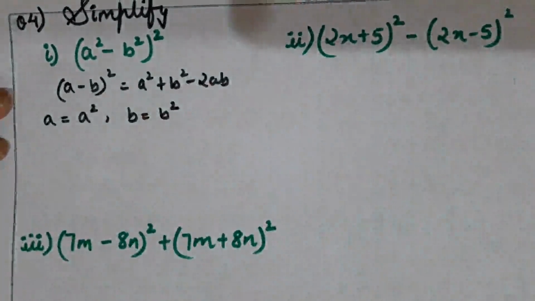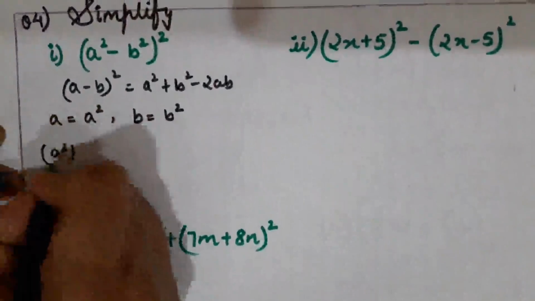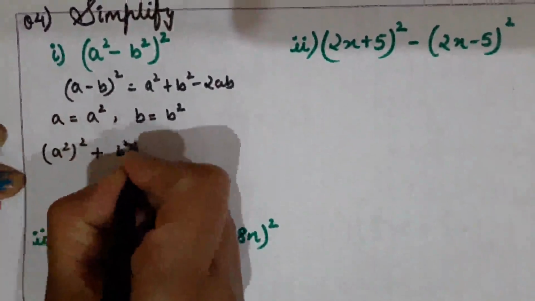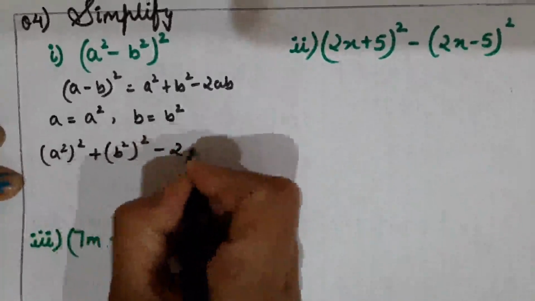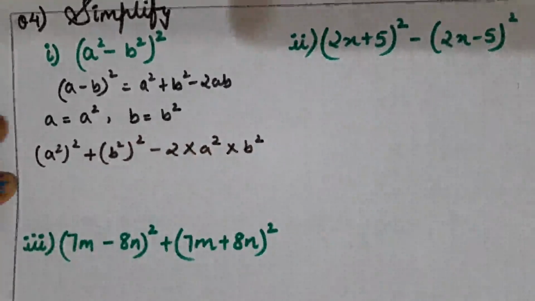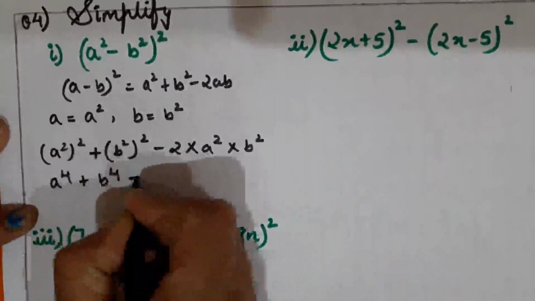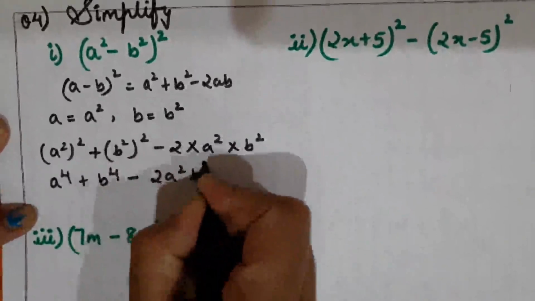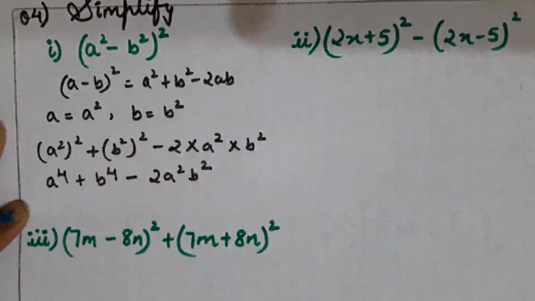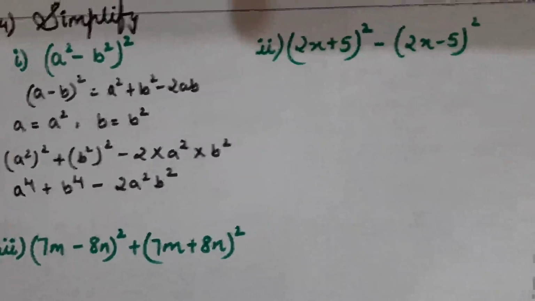So put this value inside this formula. So (a square) whole square, (b square) whole square minus 2 into a square into b square. So a power 4 b power 4 minus 2a square b square will be your answer.